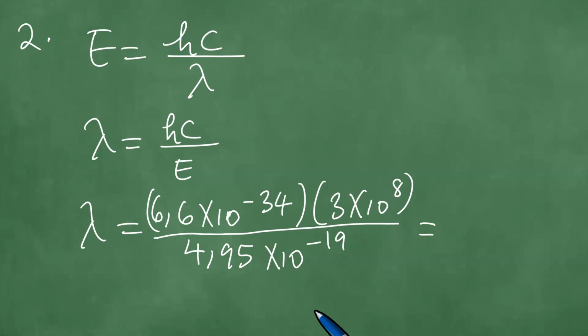I got 0,0000004. Okay, good. So it is approximately 4 times 10 to the minus 7 meters.